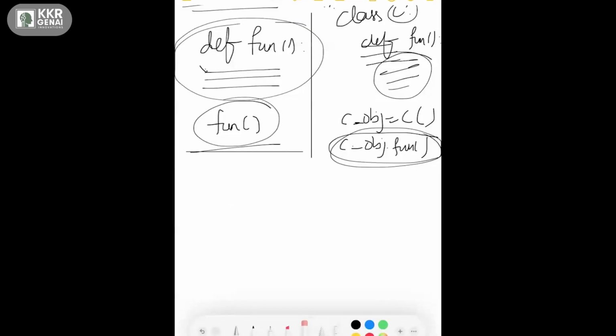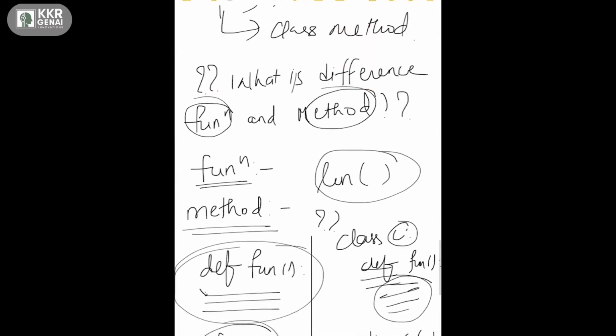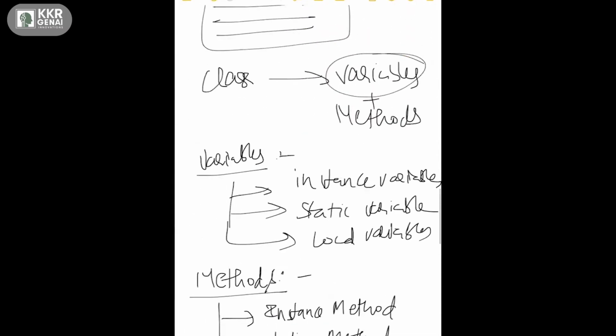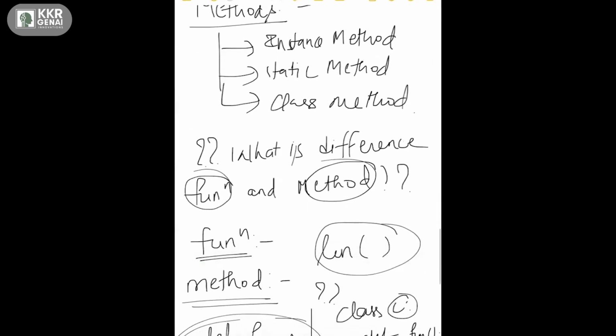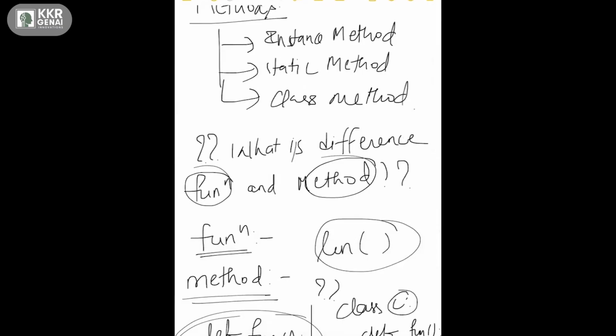Let's continue our discussion on types of variables and methods. As I said, we have three types of variables: instance variables, static variables, and local variables. And for methods, we have instance methods, static methods, and class methods.